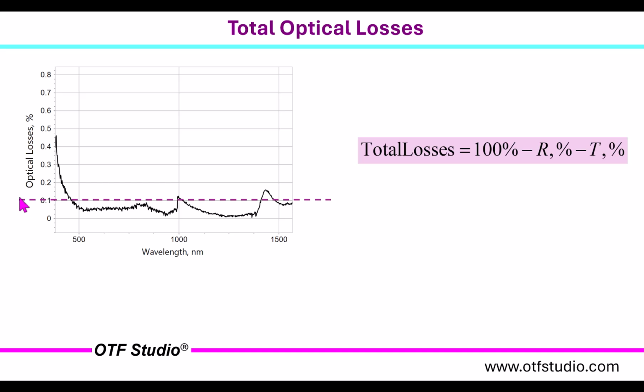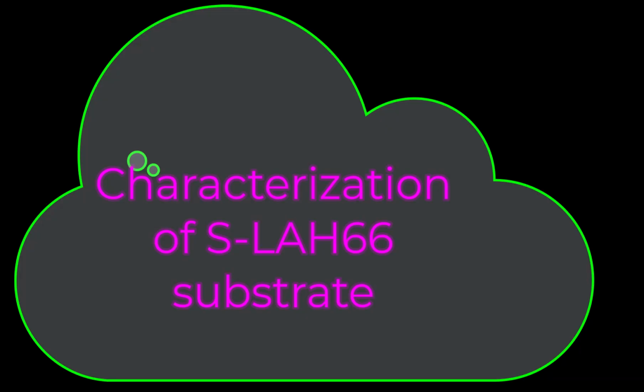The average level of total losses can serve as an estimate of the systematic offset in measurement data. The offset of the considered measurement data was estimated as 0.1% in the wavelength range 500-1600 nanometers.